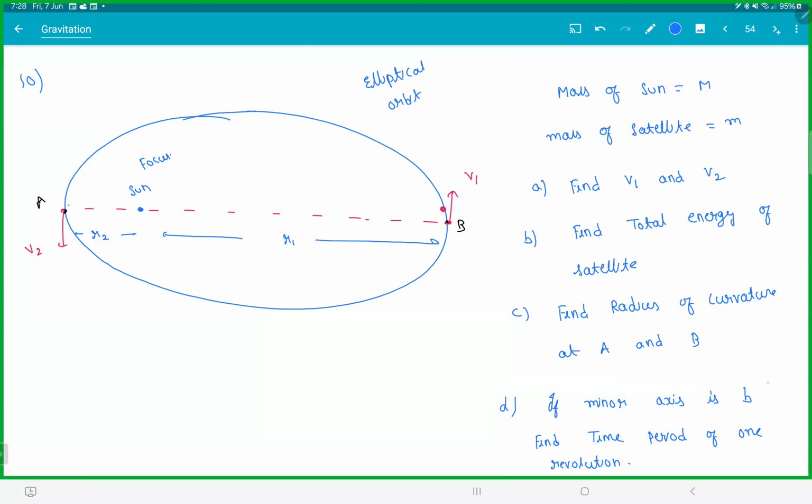This I could have done even after Kepler's law also. We'll do this in Kepler's law. Let's get the first three. Elliptical orbits.